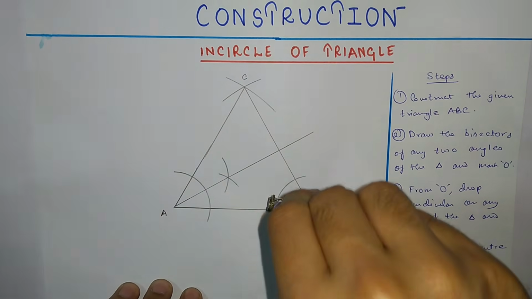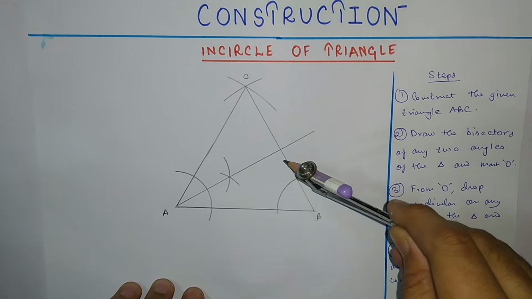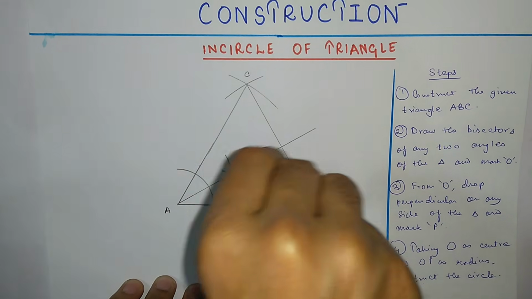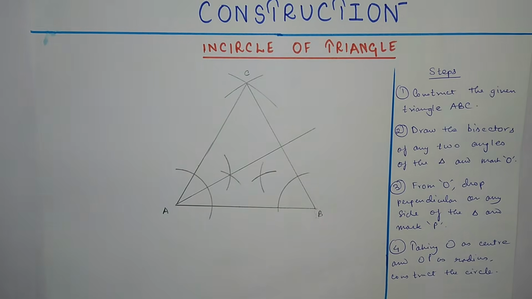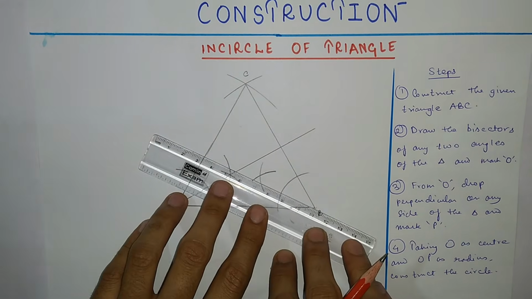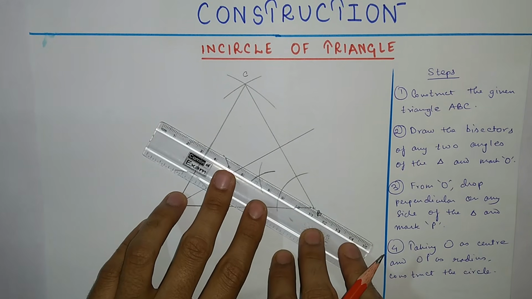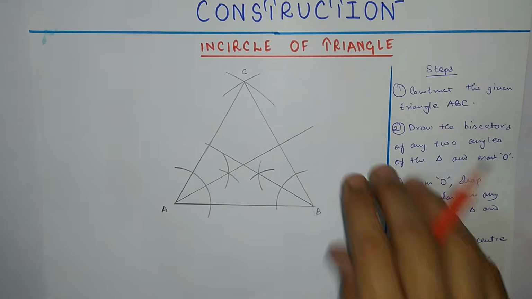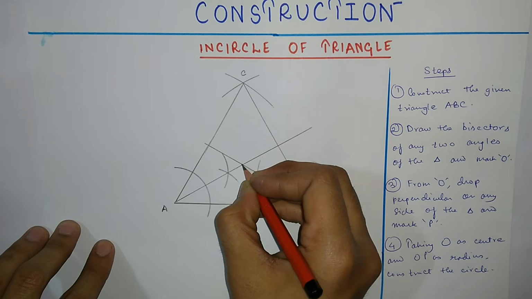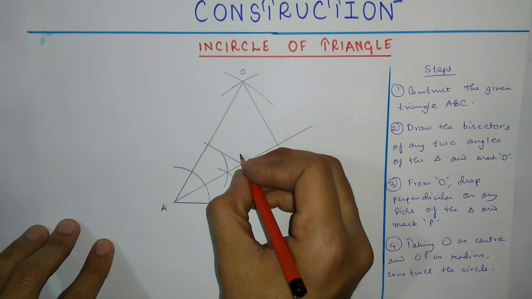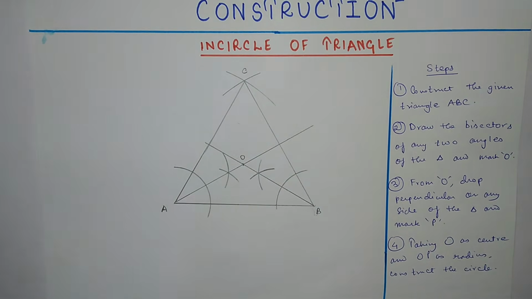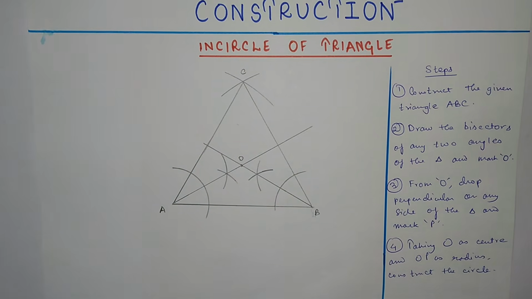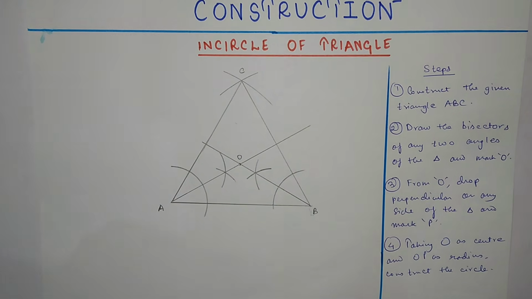This is B. This is the angle bisector. We'll join, make the line. Okay, and this is where they meet. I'll mark it O. Okay, now the third step is from O, draw perpendicular on any side of the triangle and mark P. How to do that?